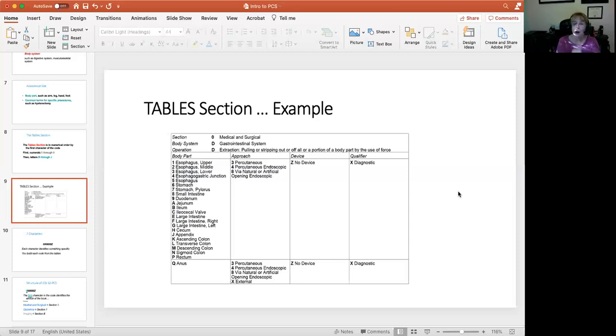Via natural opening endoscopic. He put the scope down a natural opening, the mouth, right down into the esophagus, which makes the most sense because he doesn't know exactly where the quarter is, so he wants to get to it, right? Does that make sense to everybody? Yes. Okay, anybody want to do this procedure a different way?